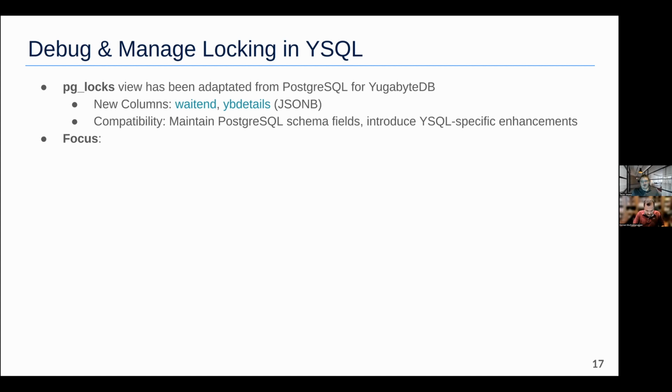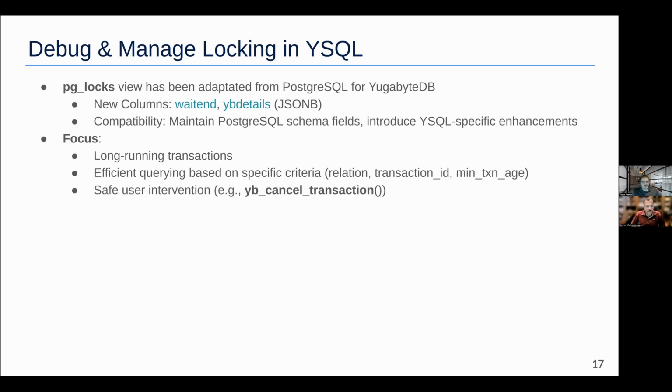So we have all of the Postgres schema fields. We're trying to focus on finding long-running transactions, and we want to figure out things like the transaction ID and min transaction age. We need to be able to intervene safely with conflicting transactions. So we can use something like yb_cancel_transaction to cancel a transaction by transaction ID.